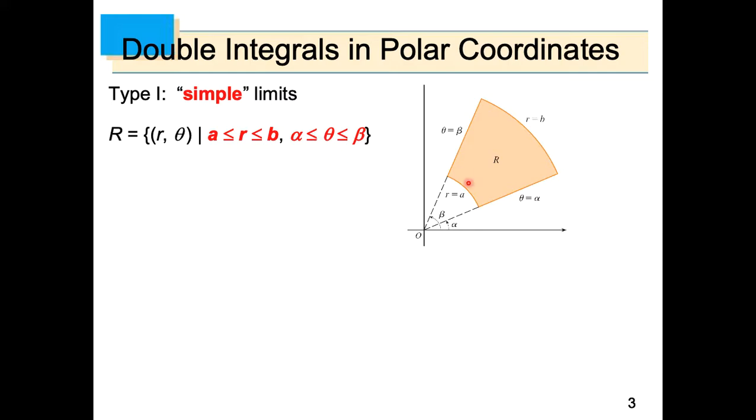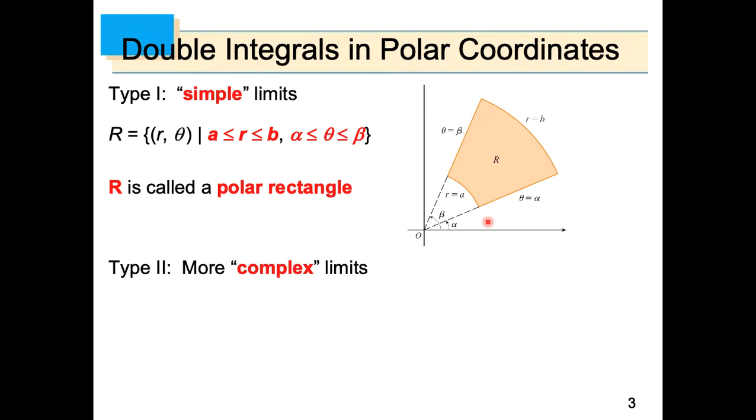And the angles go from a constant angle of alpha to a constant angle of beta. It's almost like a pizza slice with a bite cut out of it, probably the easiest situation possible when it comes to polar coordinates. Occasionally you'll get much more difficult ones, and I'll show you in a second. But this very simple example is called a polar rectangle.